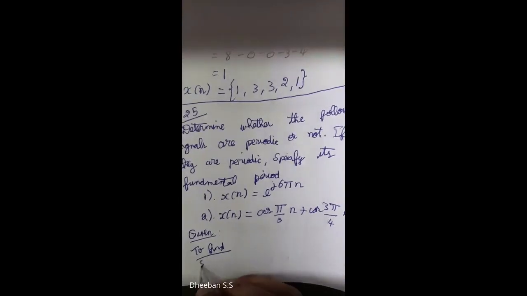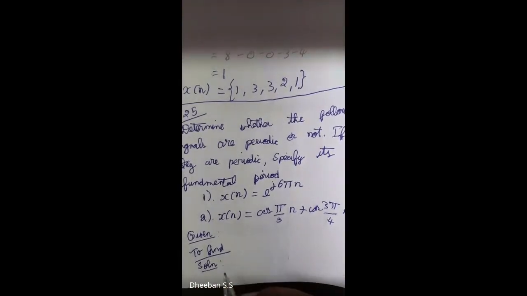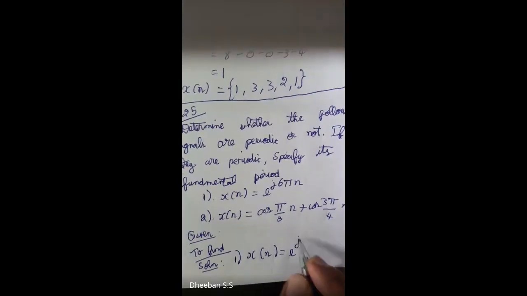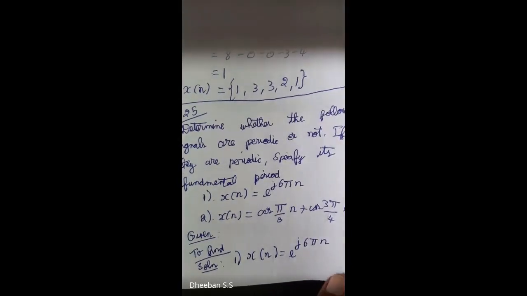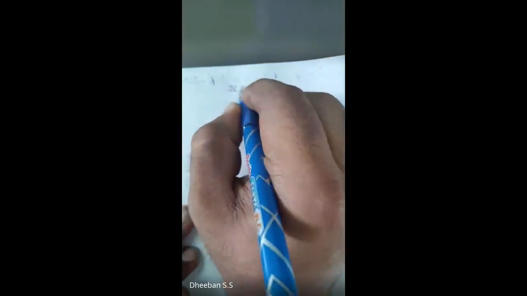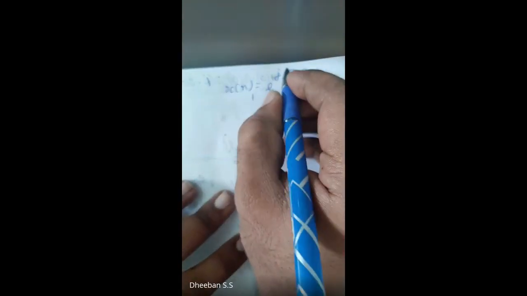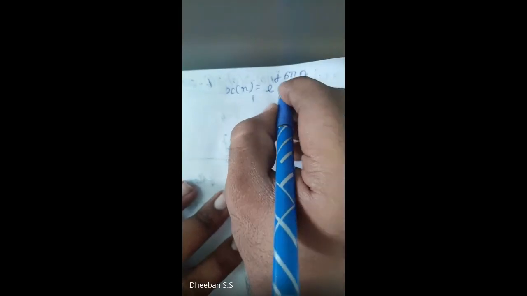So the solution. First one, x of n equal to e power j 6 pi n. Here you have to take this value.